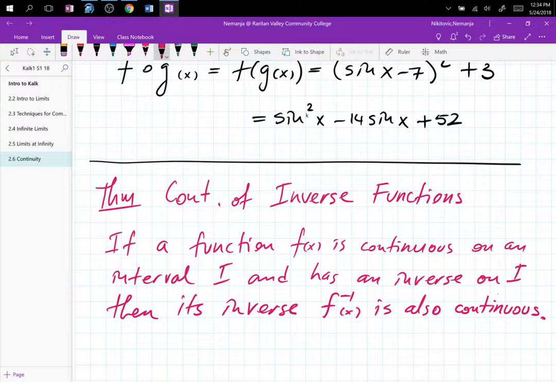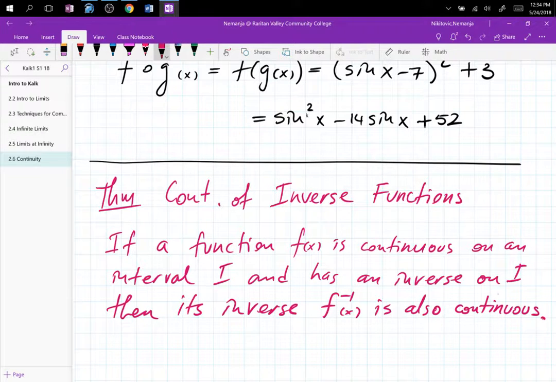Now, if you are reading the book, you have to be very careful with Theorem 215, because Theorem 215 is very poorly worded over there. The following functions are continuous at all points in their domains. And then there's tangent x over there.